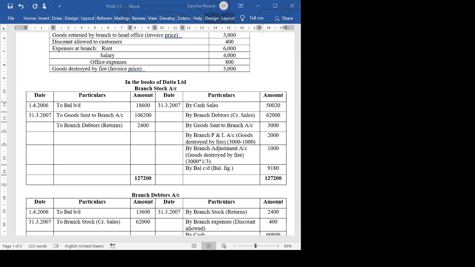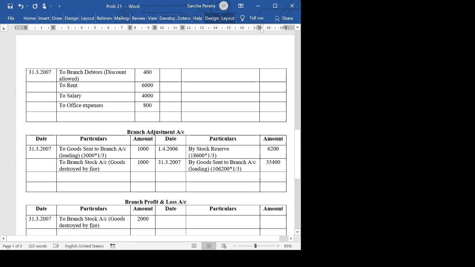On closing stock, we also have to calculate stock reserve, like we always do. Even though it's a balancing figure, it has to be calculated because it is at invoice price. Since all the stock here is at invoice price, we have to calculate stock reserve on this.